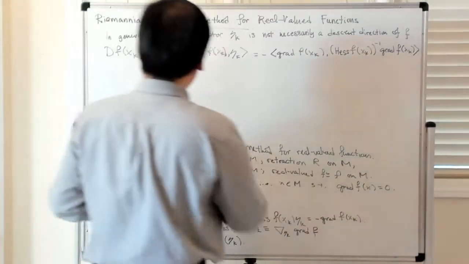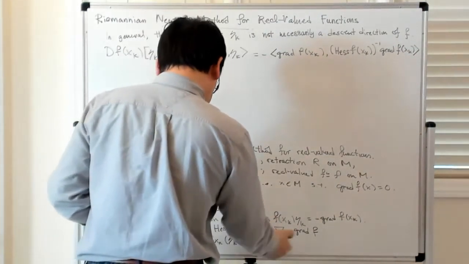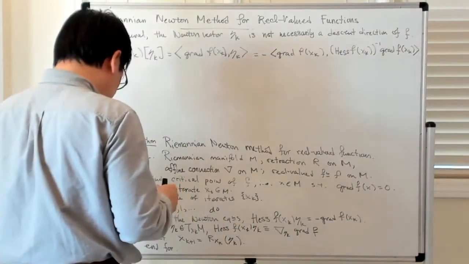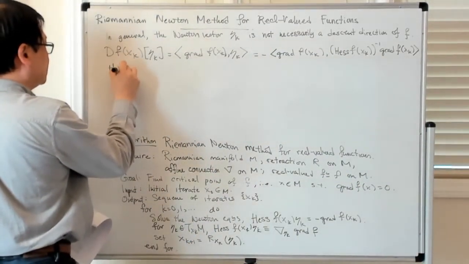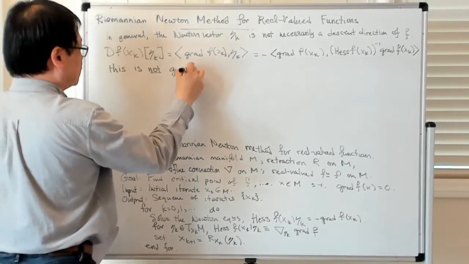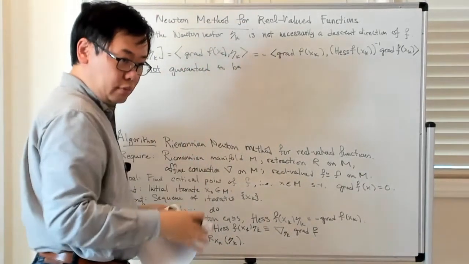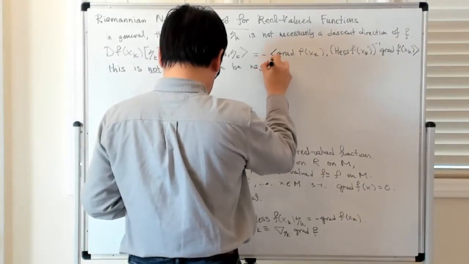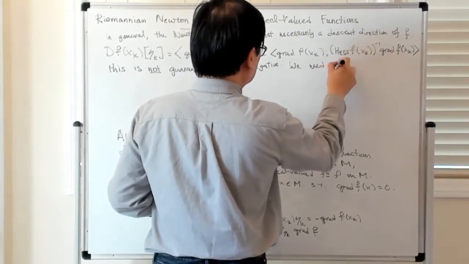That's just the definition. Going from here to here just uses the Newton equation. And this is not guaranteed to be negative, which is what is necessary for it to be a descent direction. So we need additional assumptions on the Hessian.